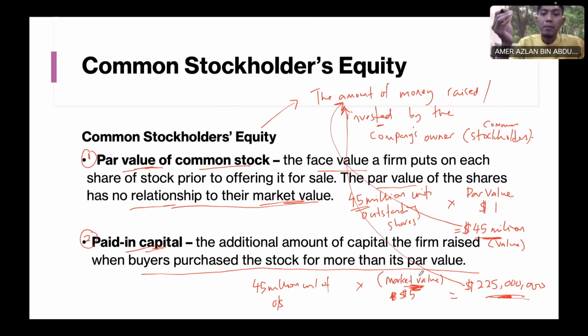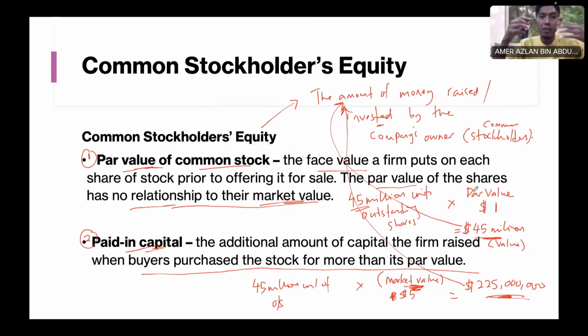When the stock is sold at market price, the price fluctuates. It no longer stands at $1 of par value. It might increase to $2, $3 depending on how popular the stock is.